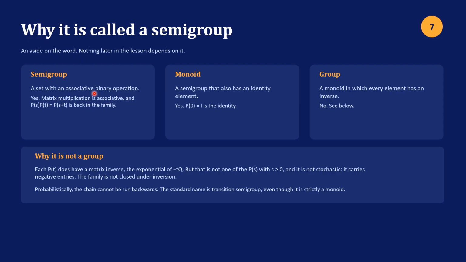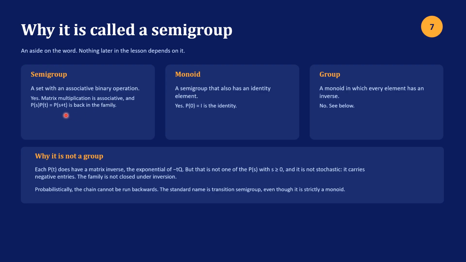Matrix multiplication is associative, and these are matrices, so we have the associative property of multiplication, and we also have closure. So when you multiply two of these together, you get another element in the set. It's almost obvious. So this is called a semigroup.